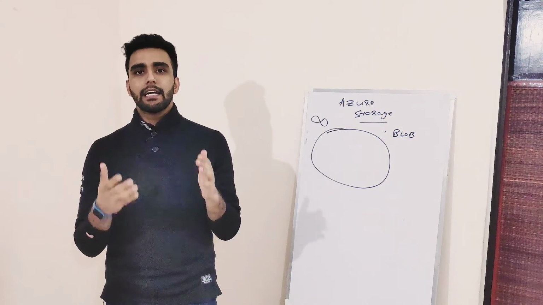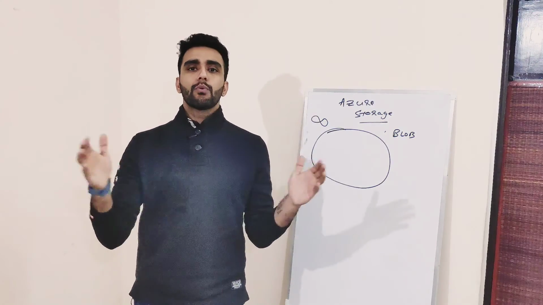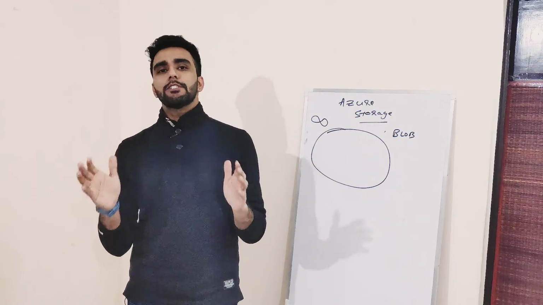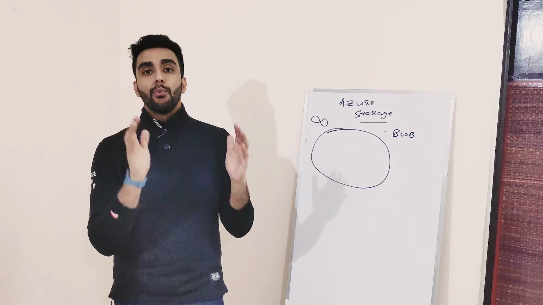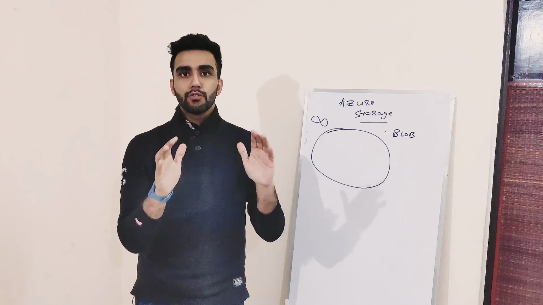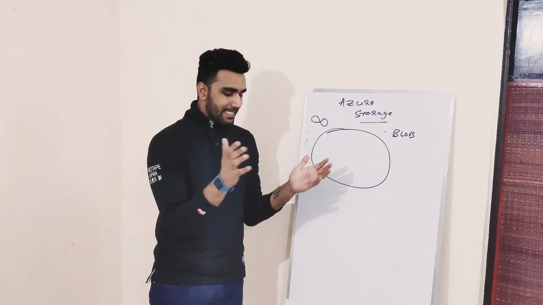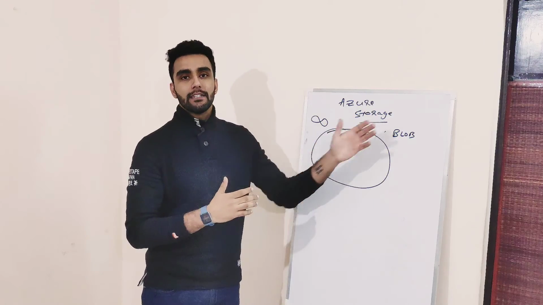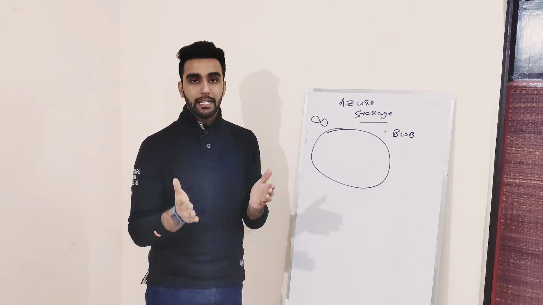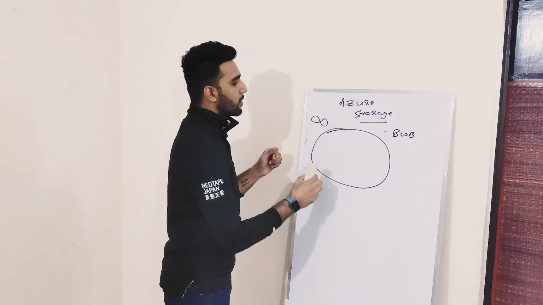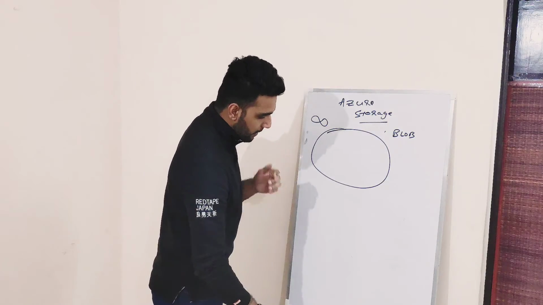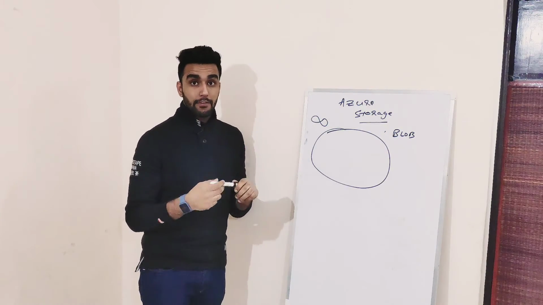When I say infinite, I mean that's all you can get. You can get as much storage as you desire within Blob, right? Blob storage is going to provide you as much storage as you desire, right? Well, a similar thing would be an S3 bucket in AWS, if you're familiar with that. Anyway, moving on. What is a blob, right? So blob is a very specific storage.